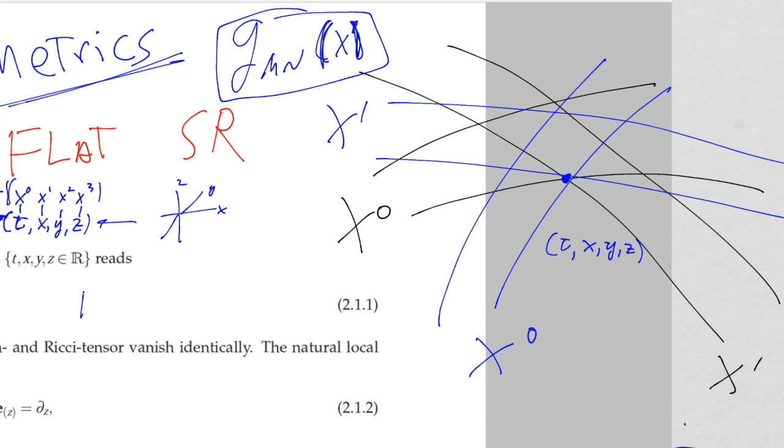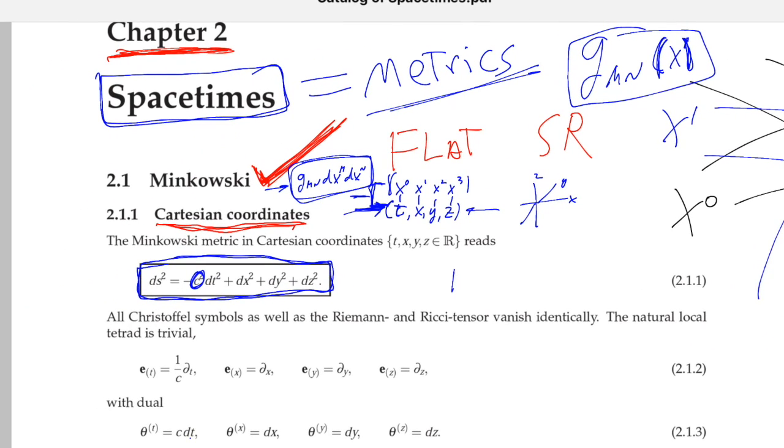I want to do it as a position in space and time. And then there's this intermediate place where we say ct, x, y, and z, which is a position in space and a position in time. But I throw the c into the coordinate. If you leave the c out of the coordinate, you're going to see that you need to put the c in somewhere, and it'll be in the metric. But let's get to it first.